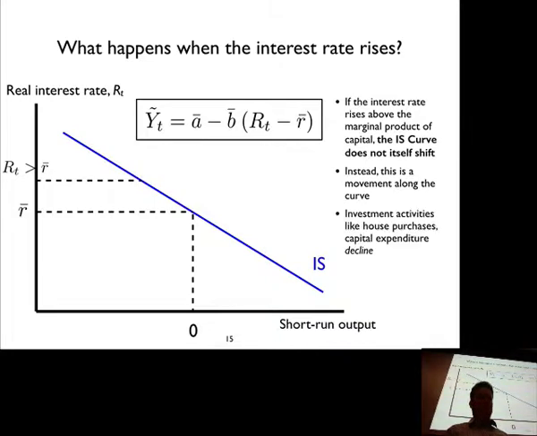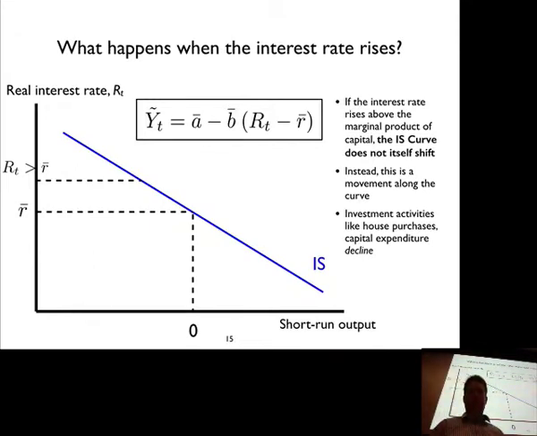And so what's going to happen next class, and maybe this class if we get to it, is there's going to be another curve here. The central bank, in this case the Federal Reserve for the United States, sets the real interest rate. And there's going to be another curve that shows up as basically the interest rate that the central bank sets. And the central bank is allowed to basically choose where along the IS curve it wants to operate. It can just set a real interest rate.